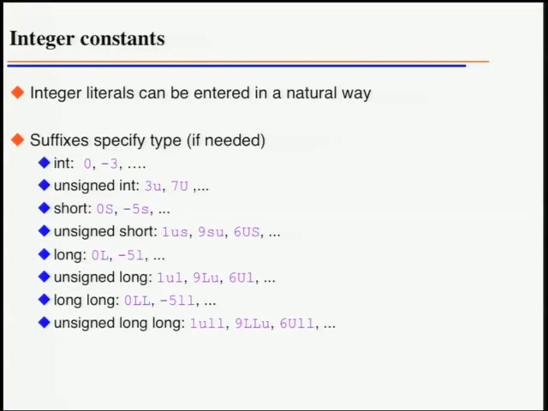If you specifically want a constant that does not have a sign bit, but is an unsigned type, you can put this postfix u after the number, which says you want an unsigned data type. There are other postfixes for the different precisions. So you have short, s, unsigned short, us, or su, however you want. Long is an l, unsigned long, ul, long long, ll, and all the combinations.